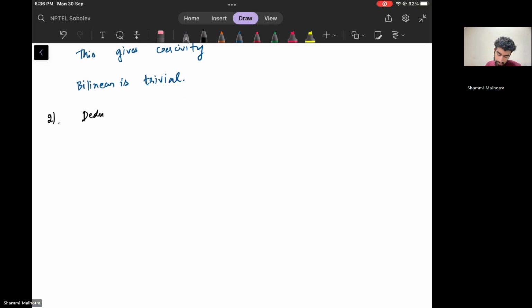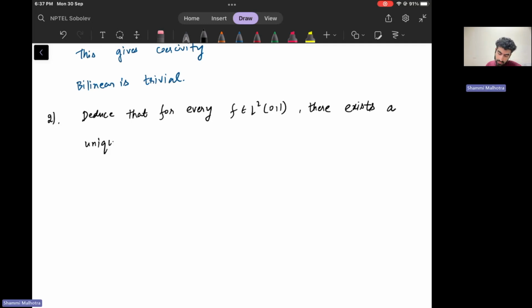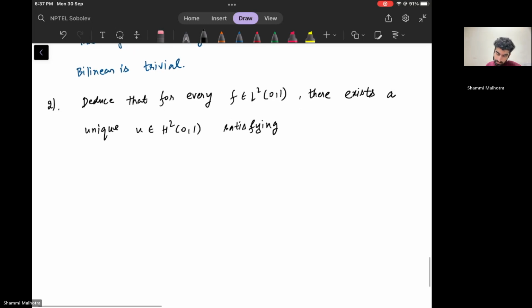So we reduce to showing that for every f in L2(0,1) there exists a unique u belonging to H2(0,1) satisfying A(u, v) equal to the integration from 0 to 1 of f v for all v in H^1(0,1).